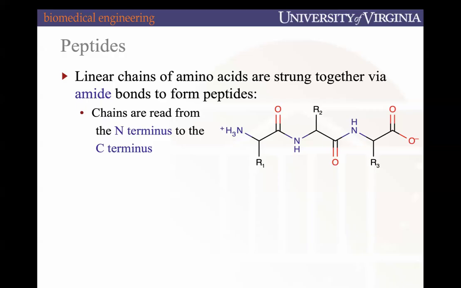So if we had a string of amino acids together, looking at this one here, we're always moving from the N terminus, this left side, all the way down to the C terminus. As you can imagine, N corresponds to amine, C corresponds to carboxyl.